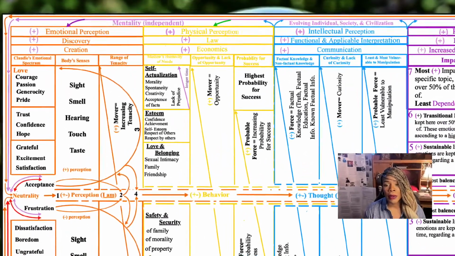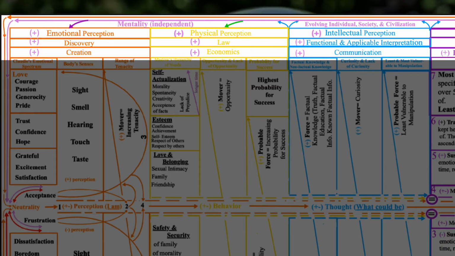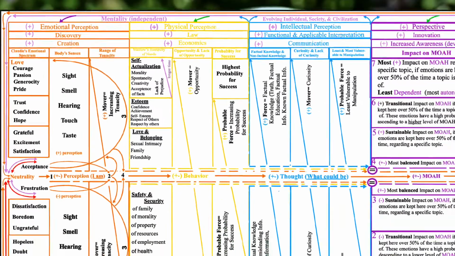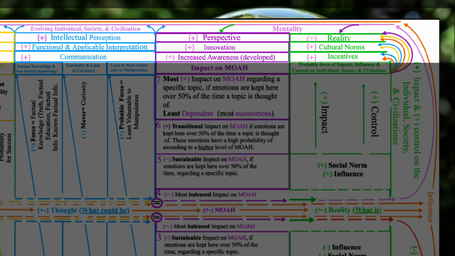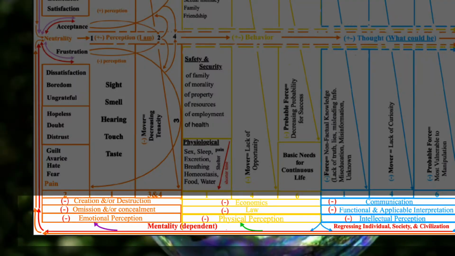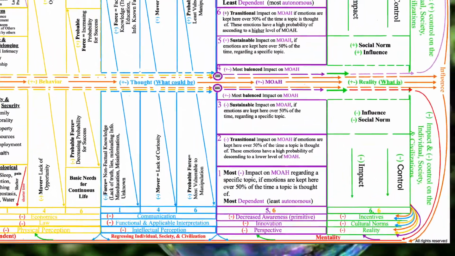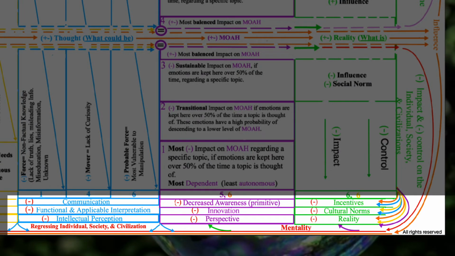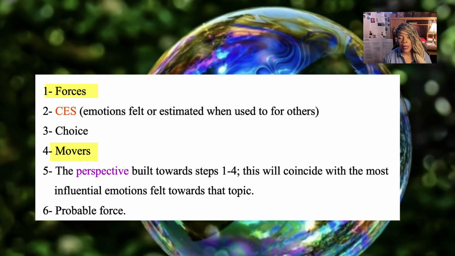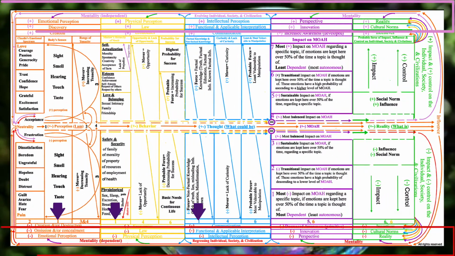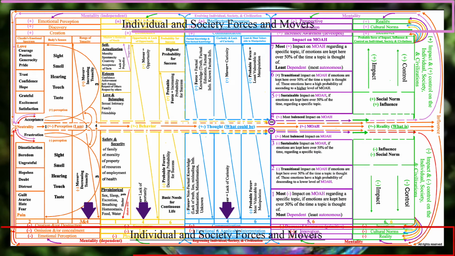Also, the forces and movers noted at the very top and very bottom are interchangeable, so they can be seen as either number 1s, which are forces, or number 4s, which are movers.